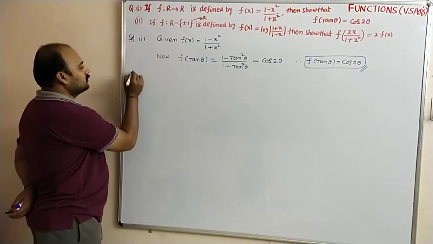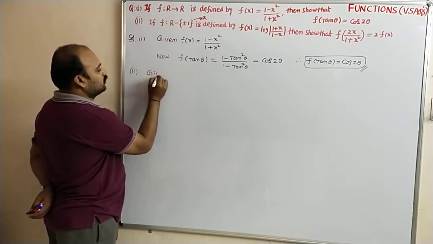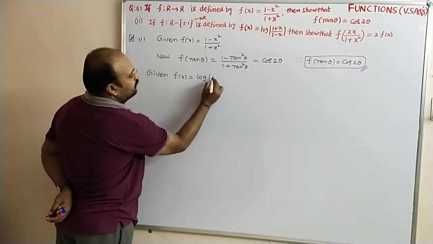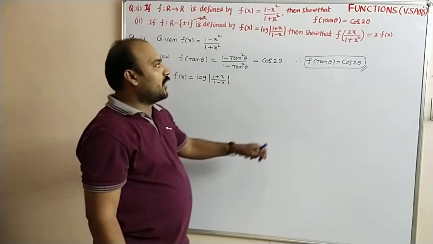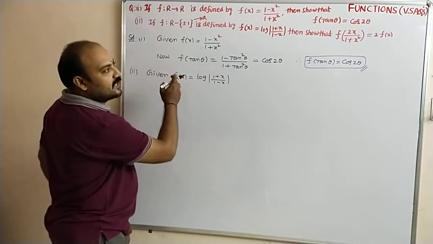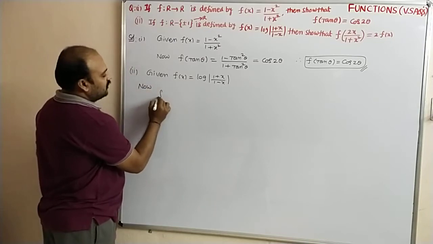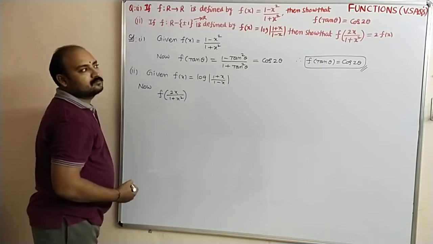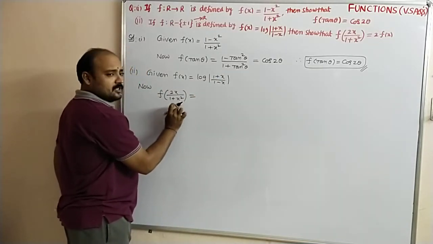Come to the second question. In the second question, function is what? Given f of x is equal to log of 1 plus x by 1 minus x. They are asking to show that f of 2x by 1 plus x square. So wherever x is there, 2x by 1 plus x square. Consider now f of 2x by 1 plus x square. Wherever x is there in this, you have to replace with this value.